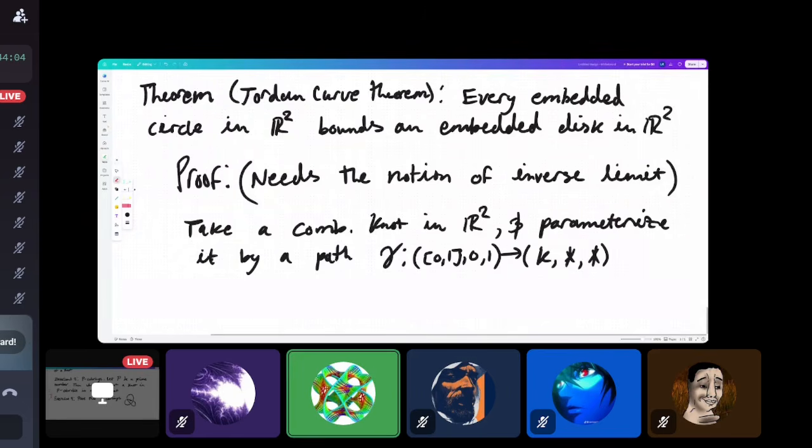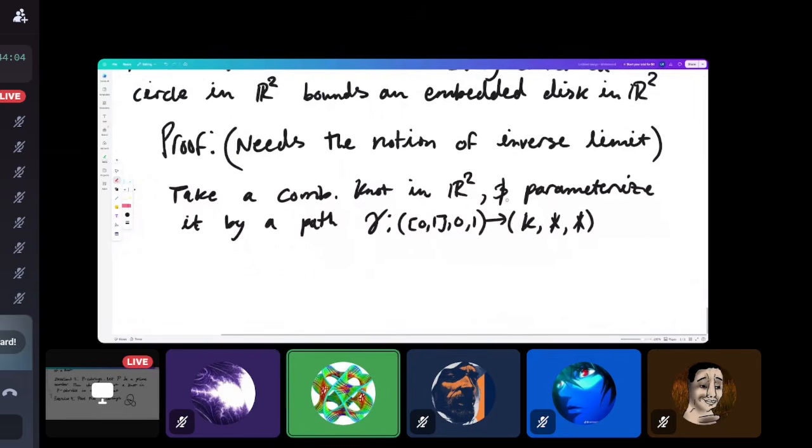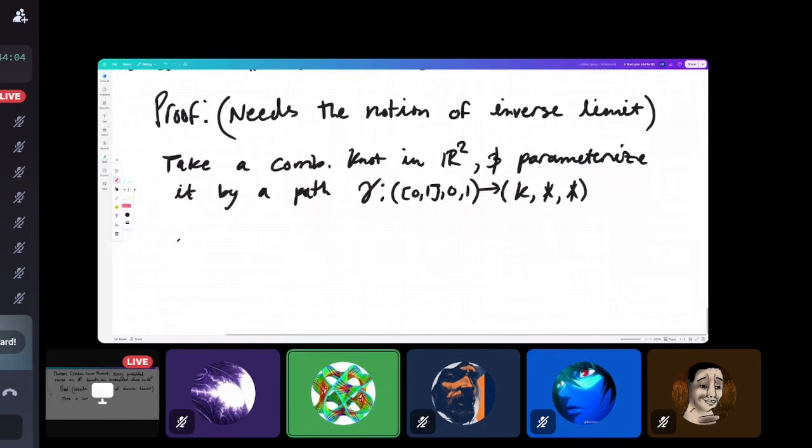Okay, so take a path and parameterize it. Okay, we're going to define a recursive set: X1 to be the set {0, 1/2, 1}.